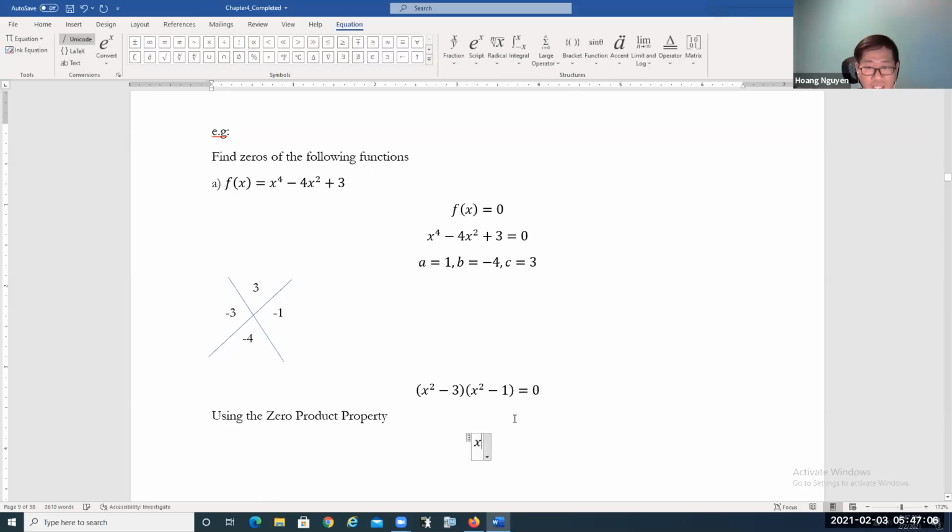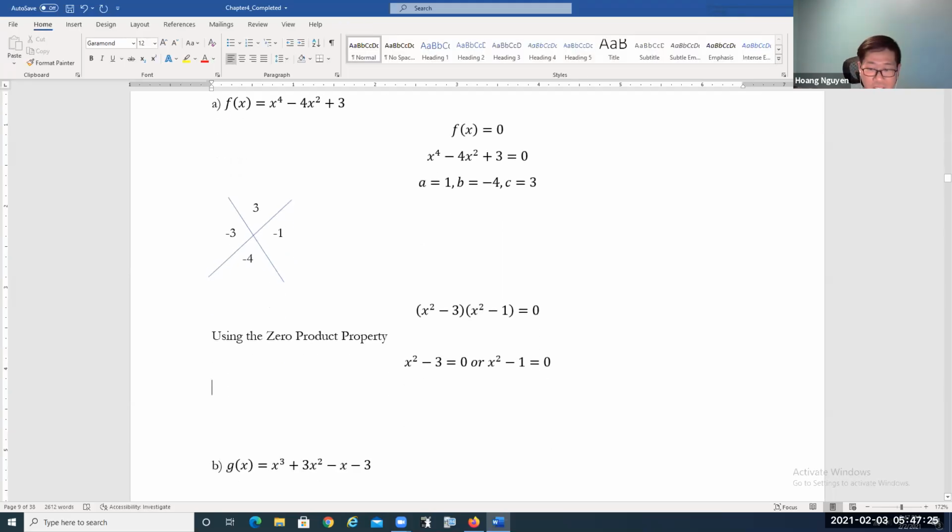The first factor, I'm going to set equal to 0: x to the power 2 minus 3 is equal to 0. Or the second factor: x to the power 2 minus 1 equals 0.